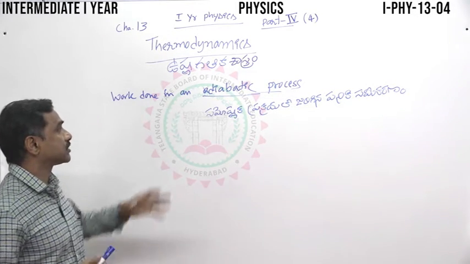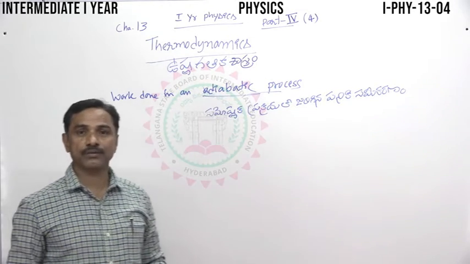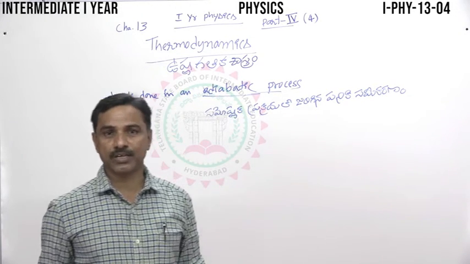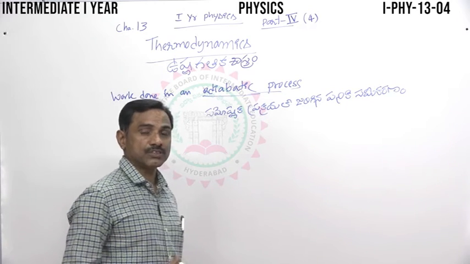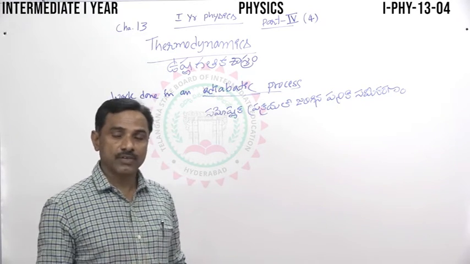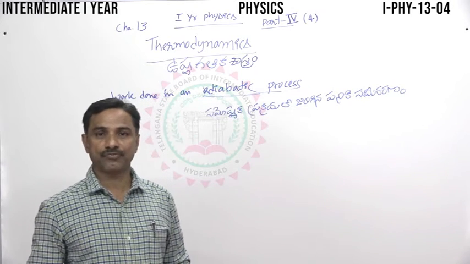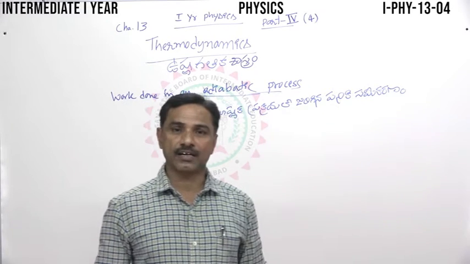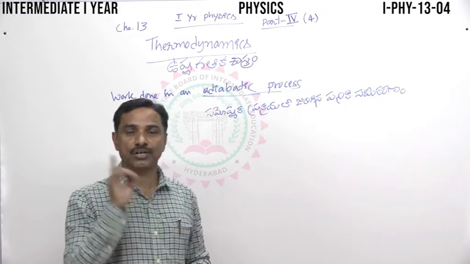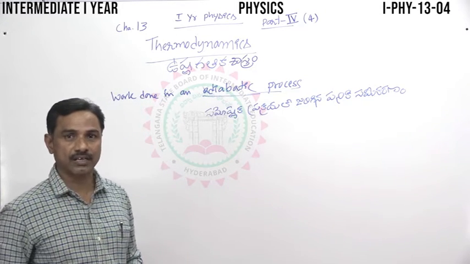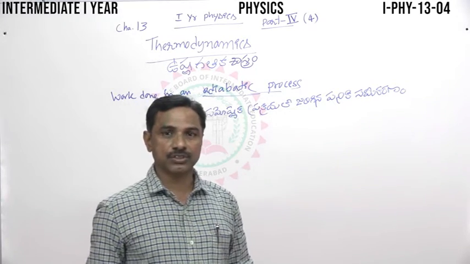As we already discussed in the previous part, what is an adiabatic process and its important features. Let me highlight once again: it is the process in which the pressure, volume and also temperature change in a perfectly non-conducting container, so heat is not allowed to be exchanged between the system and surroundings.